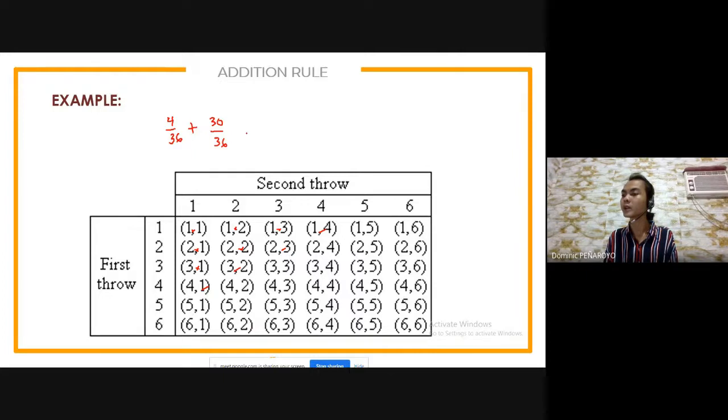Now, bakit tayo nag-minus? Kasi doon sa sum that is greater than 4, naulit natin itong bilangin, itong the sum is 5. 1, 2, 3, 4. So, since naulit siya, according to the general rule, we need to subtract it as well. So, that is 4 over 36.